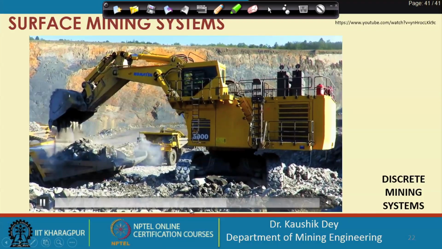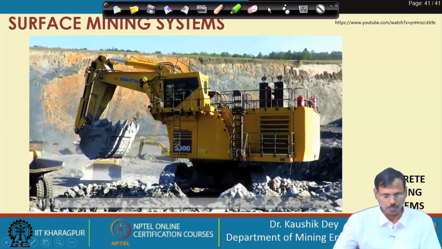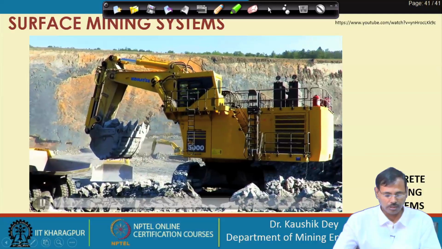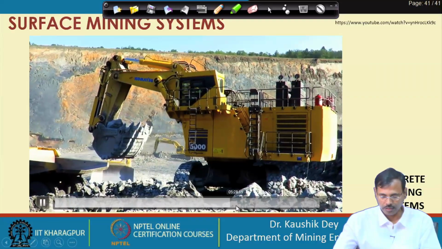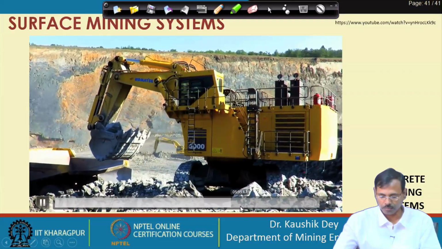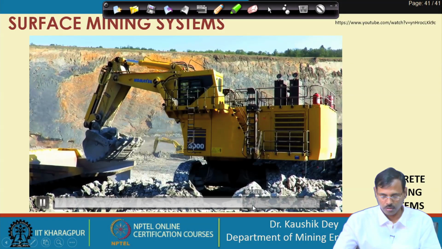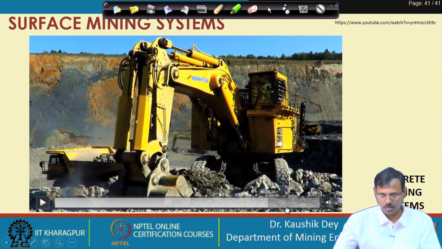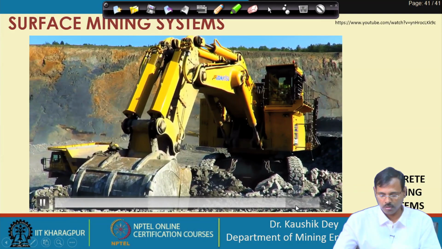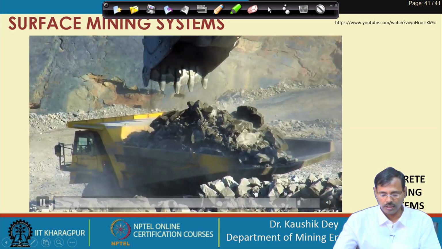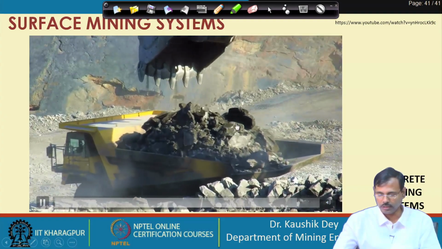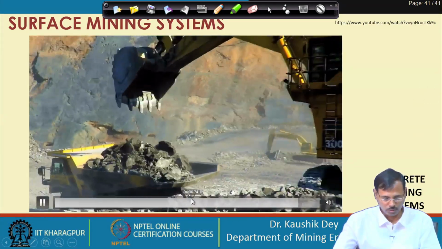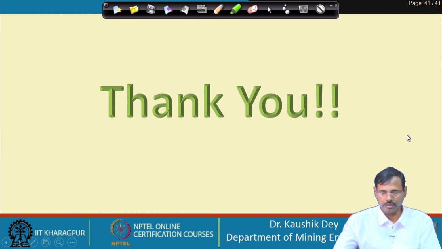So, this is the final load given to the dumper. So, that dumper has moved out, the new dumper has come at this place again. So, this is the loading and discrete mining system you can see in this slide.